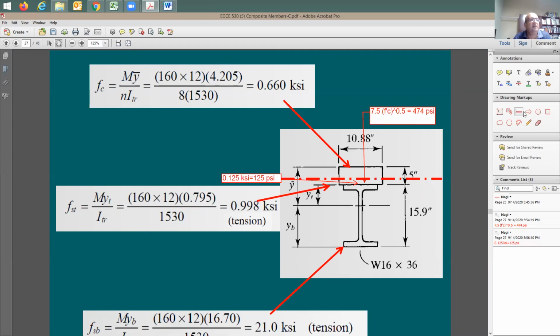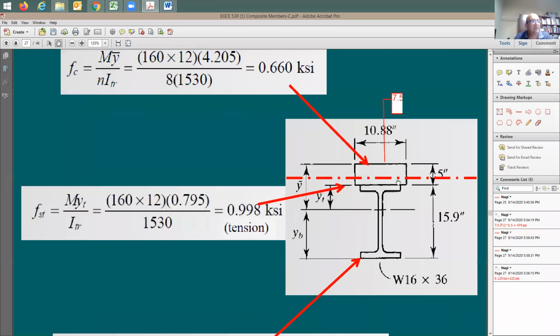Okay, let me draw this for you. Maybe it's going to be a little bit more clear. Here is the data when you do the stresses, and this here is going to be the stress distribution. Let me zoom in.